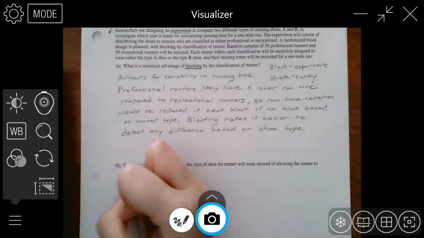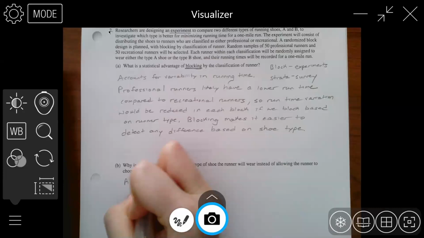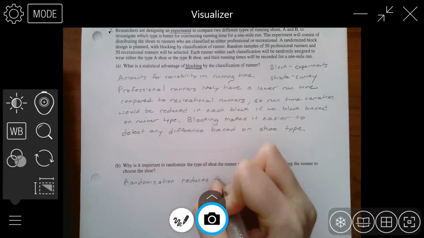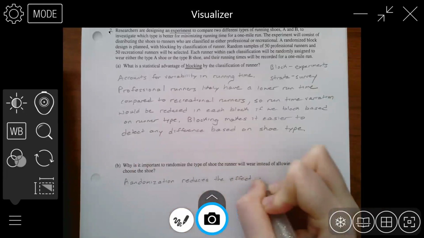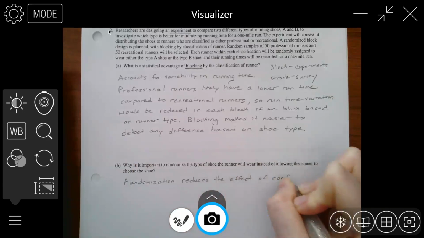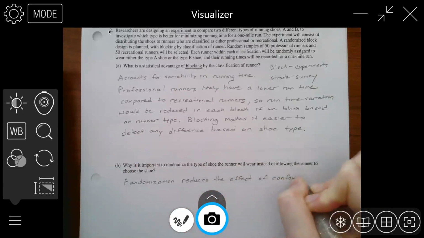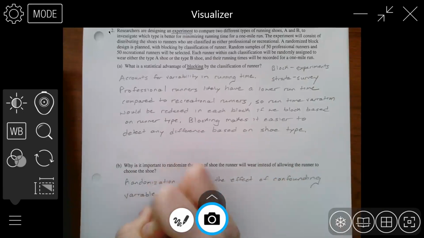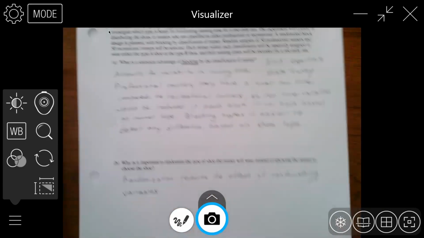So randomization reduces the effect of confounding variables. And then you can actually say what that is.